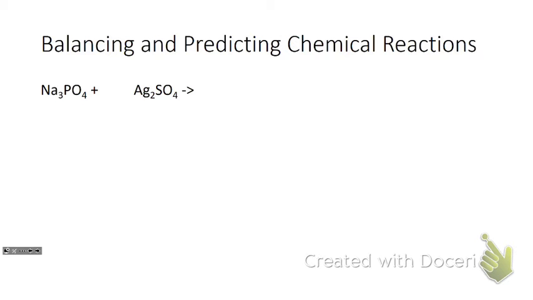So, what is the first thing that we must do when we are balancing or when we're predicting reactions? What's our first step? Identify the cations. Absolutely. Okay, identify the anions and the cations. So Na is sodium.